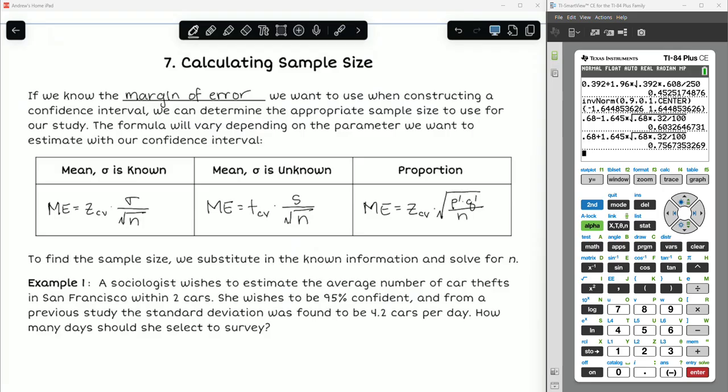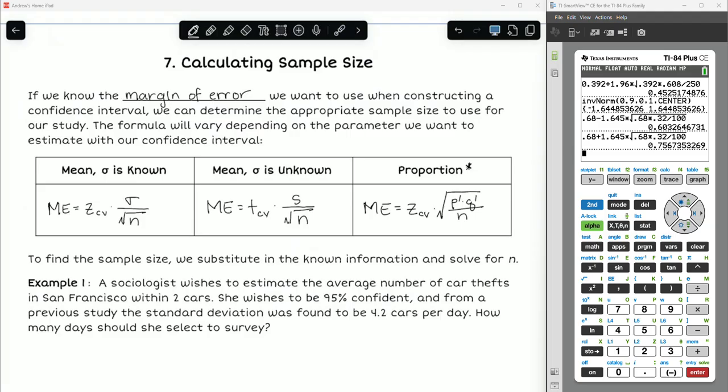For proportions, because we know that we calculate proportions as number of successes over a sample size, if we're trying to estimate a sample size before we've done the study, we often won't know p prime and q prime.